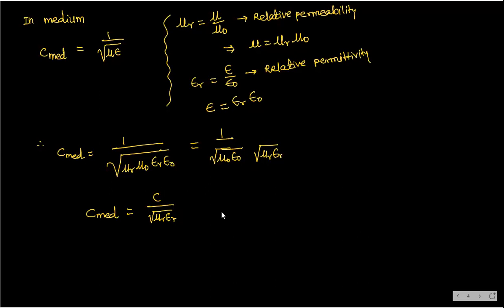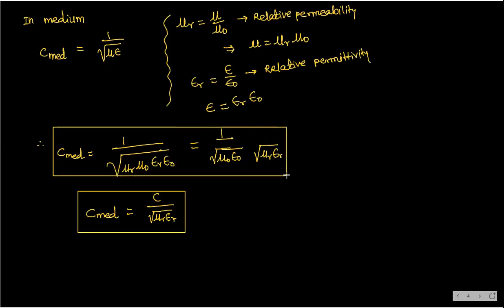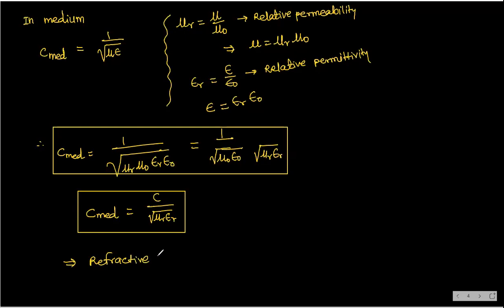Okay, clear. So this is the velocity in medium, either this formula or this formula, you can use anything. Now suppose I divide this. This is vacuum. So c divided by c medium, because we have the refractive index formula.